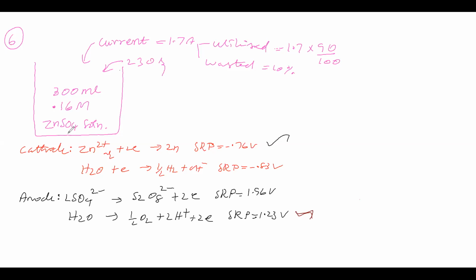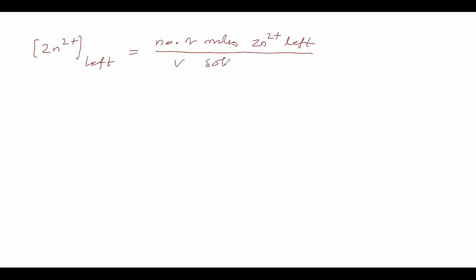Next we will see the molarity of zinc after electrolysis. Now we have to find the molarity of zinc after electrolysis. That means the concentration of Zn2+ left in the solution after electrolysis.